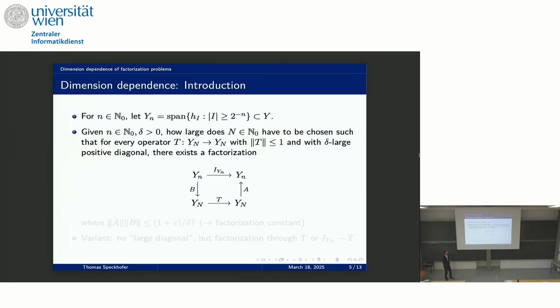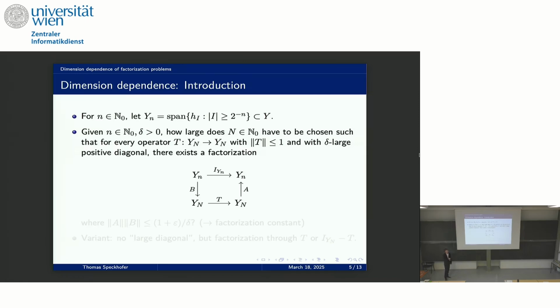So for our given natural number n and some parameter delta greater than 0, how large does another natural number, capital N, have to be chosen such that the following holds? For every linear operator T on the space Y_N, so on the larger space, with norm at most 1, and with delta-large positive diagonal with respect to the H-system.